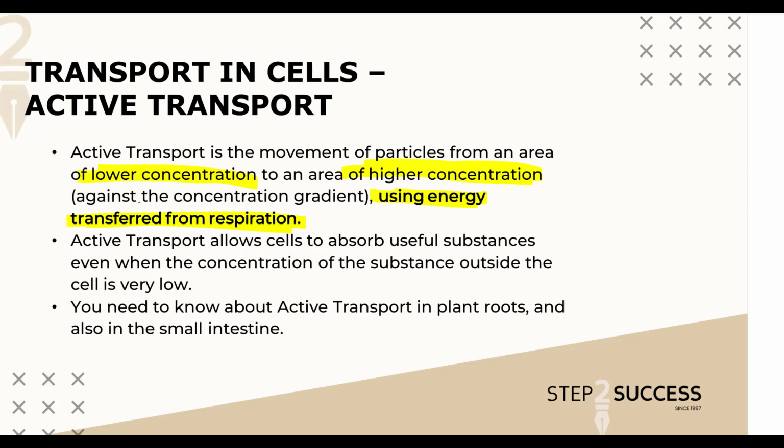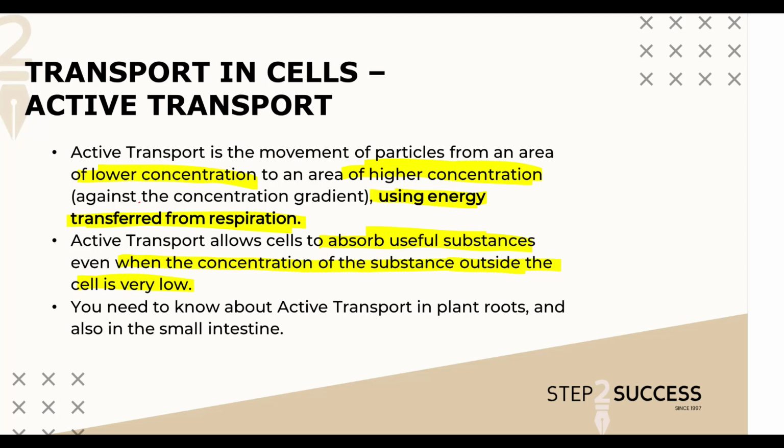So active transport allows cells to absorb useful substances even when the concentration of the substance outside the cell is very low. So even when there is more inside than outside, they can still take up more of the substances that they need.